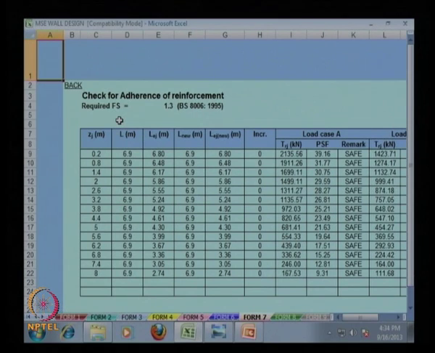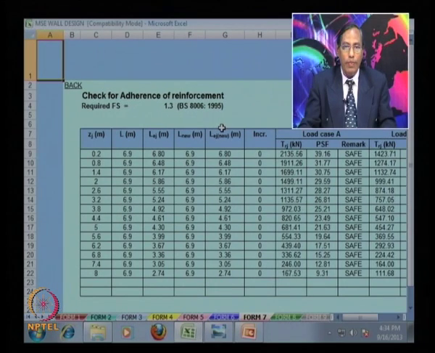Here, the required factor of safety is 1.3 as per BS 8006 1995, and this is the ZJ for different depths. This is L, the length of the reinforcement, that is 6.9 meter, the same all along the depth.